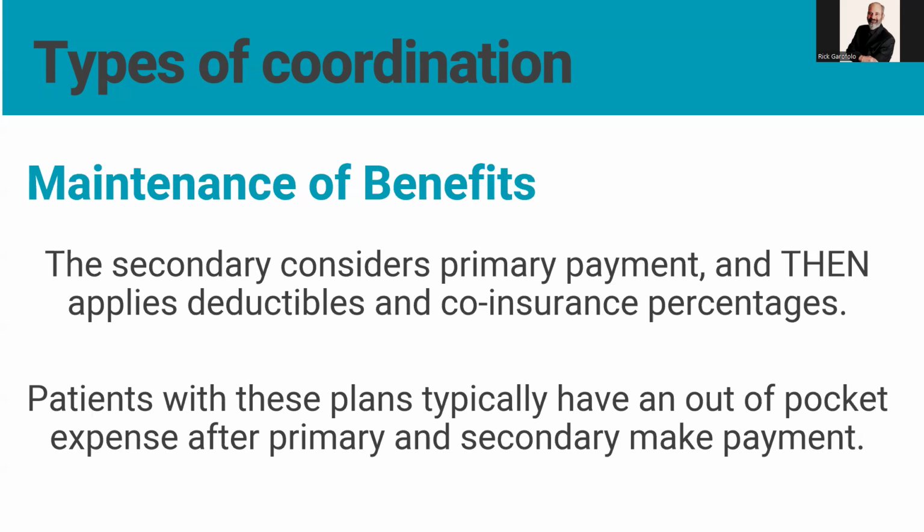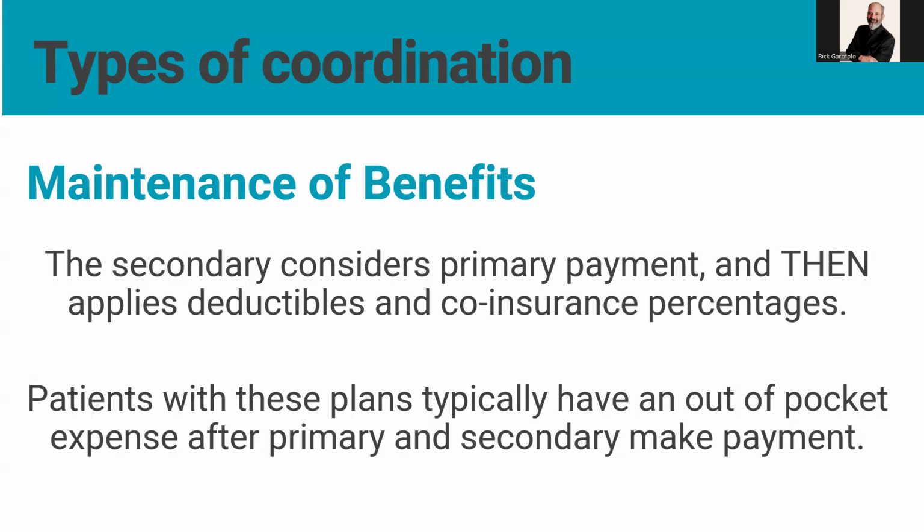In this scenario, if the secondary didn't use carve out but used maintenance of benefits, they would have said, okay, we would pay $10, but the patient has a $25 deductible. So we're going to apply that $10 towards the patient's $25 deductible. Now the total of the insurance payments is $40 because that's what you got from the primary. Secondary applied it to the deductible.